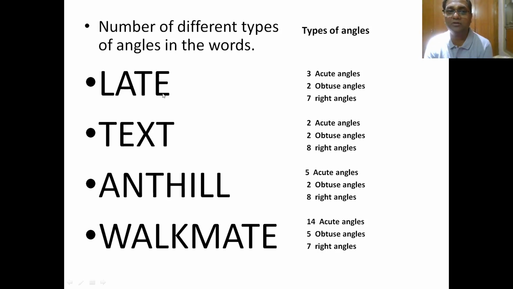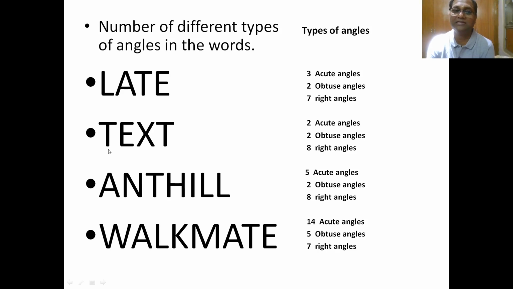So when we count, there are 1, 2, 3 acute angles, 1 and 2 obtuse angles, and the rest, all three alphabets, are making right angles: 1, 2, 3, 4, 5, 6, 7. 7 right angles.